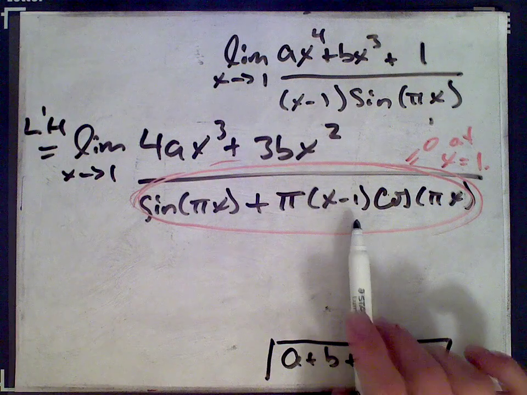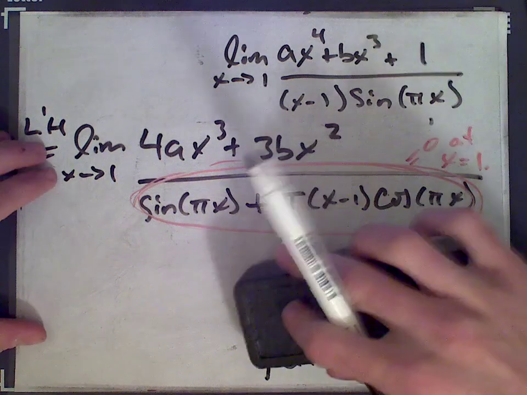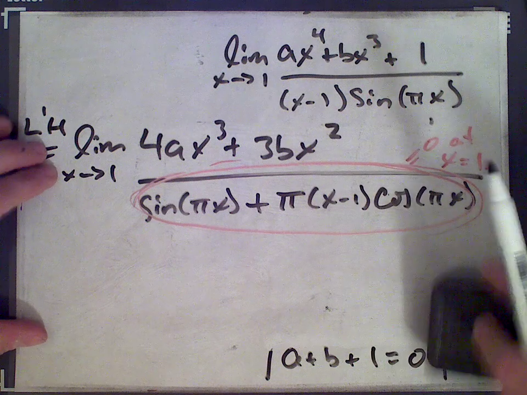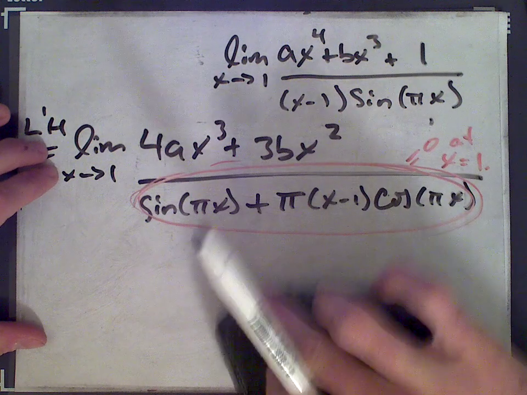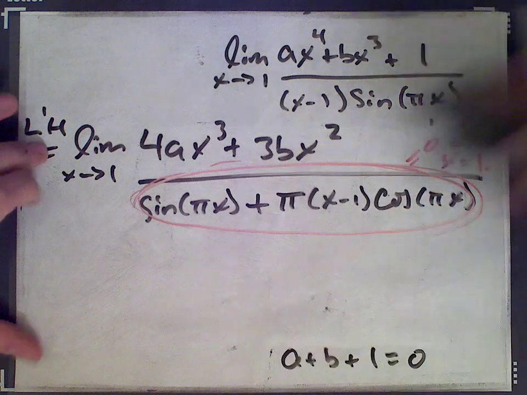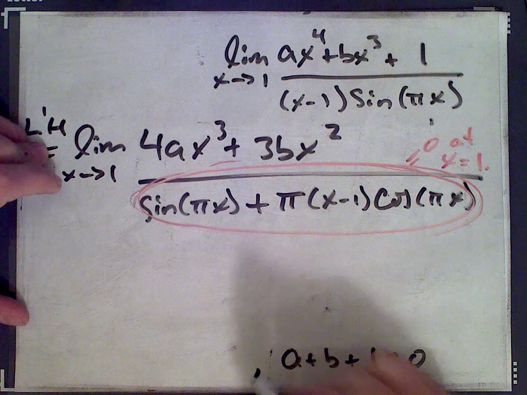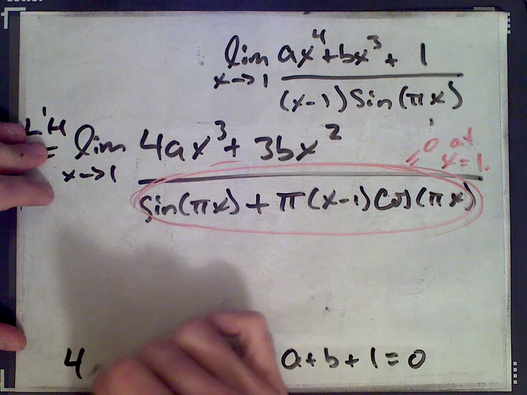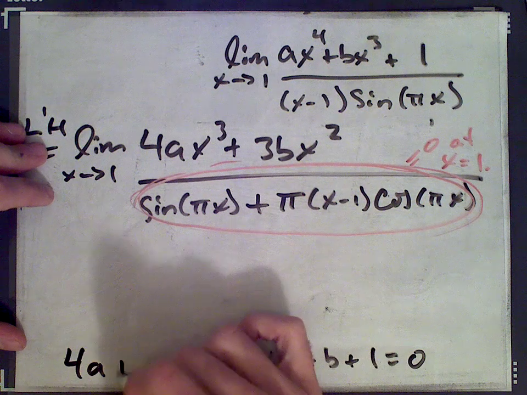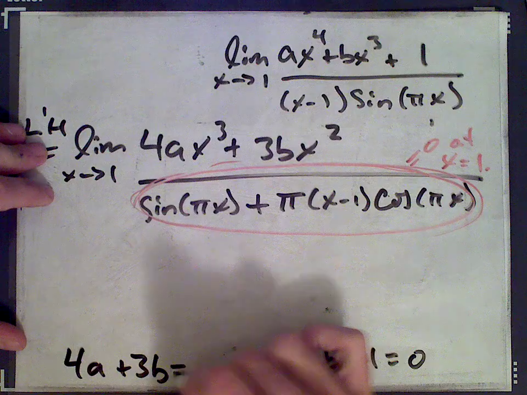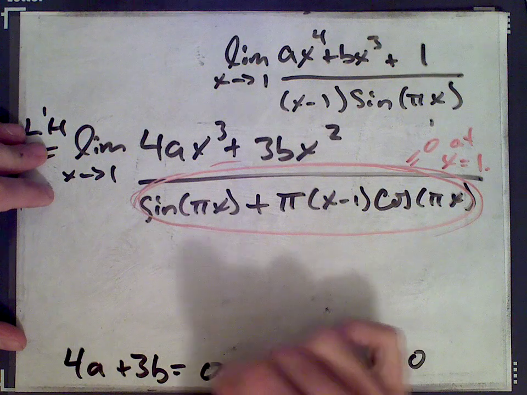So again, the top must be 0 for the exact same reason: we get a finite number, so L'Hopital's rule must apply. So we get another equation: 4a plus 3b is 0.